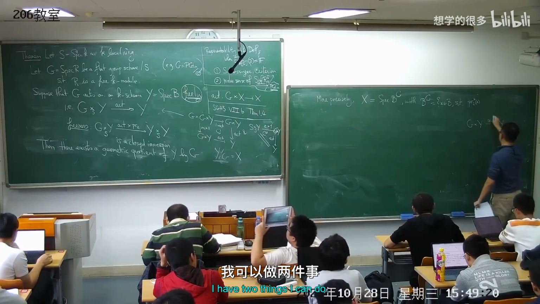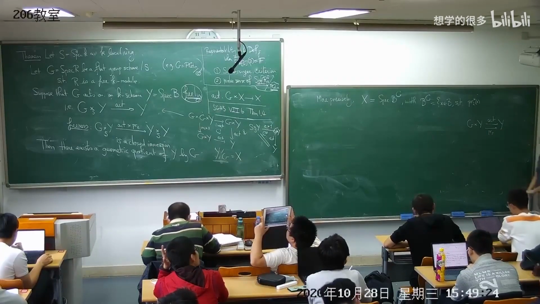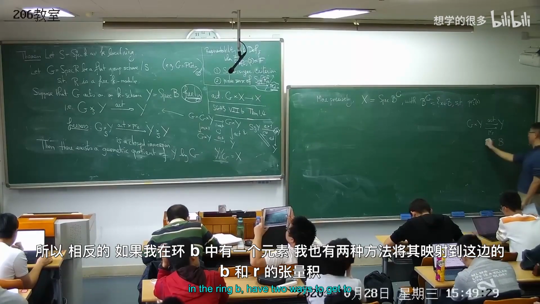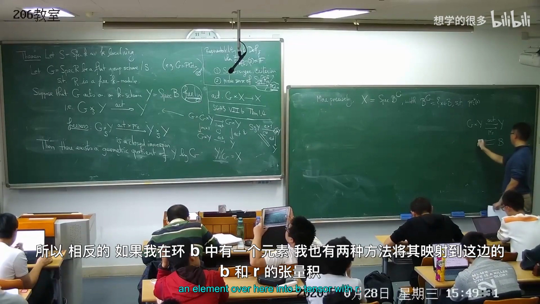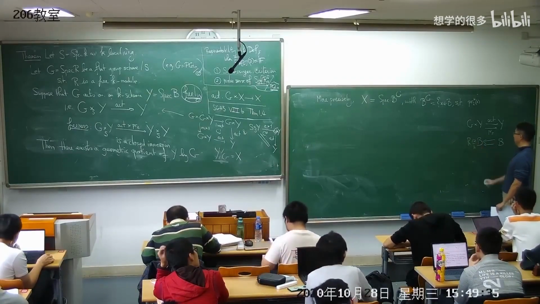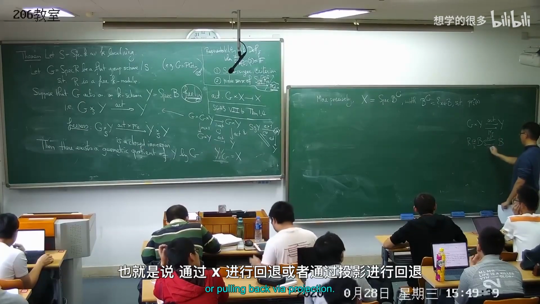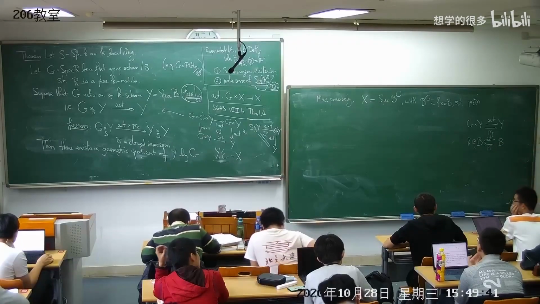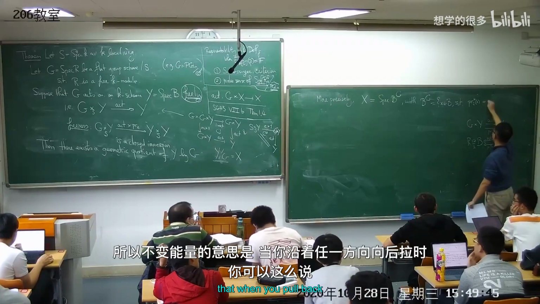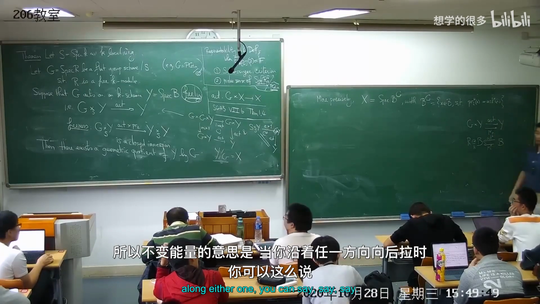I have two things I can do. I can do act, or I can do projection. So conversely, if I have an element in the ring B, I have two ways to get to an element over here into B tensor with R, namely, by pulling back via the action or pulling back via projection. So the invariant under G is that when you pull back along either one, you get the same thing.